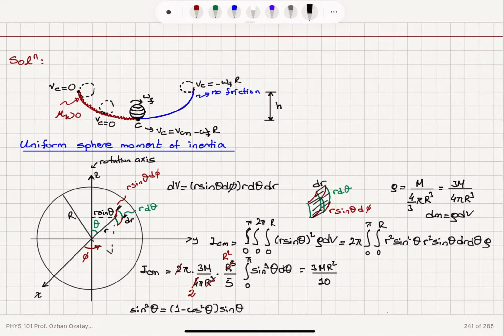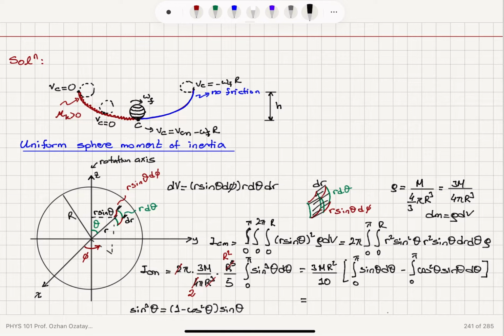So this integral will become the integral from 0 to pi of sine theta d theta minus the integral from 0 to pi of cosine squared theta sine theta d theta.